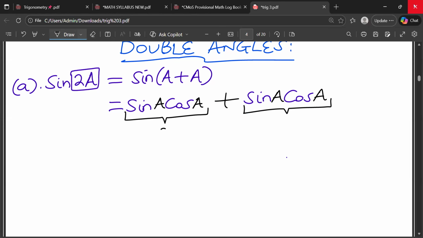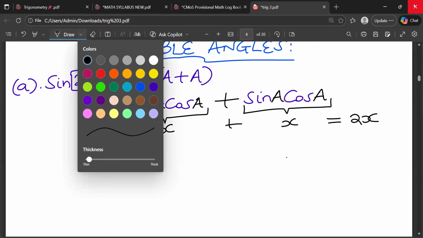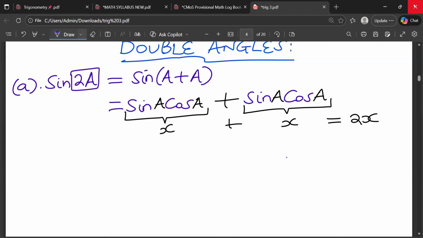So you realize that this is the same thing, and it is the same thing here. It's like you're getting x and you're adding x. What do you get? 2x. Because it's the same thing, don't you see? It is sine A cos A, and even the other side, it is sine A cos A. So that's where the conclusion comes in: sine 2A is 2 sine A cos A. But what was our last lesson in mechanics?